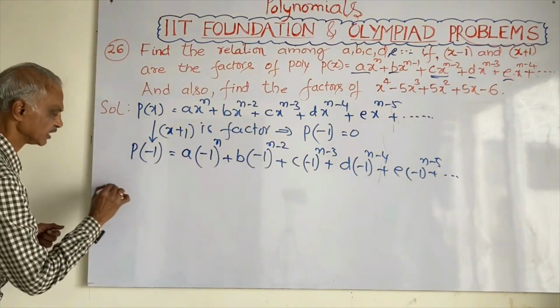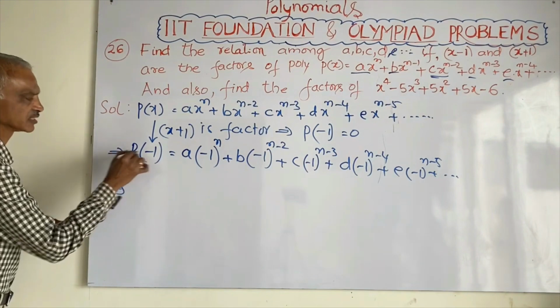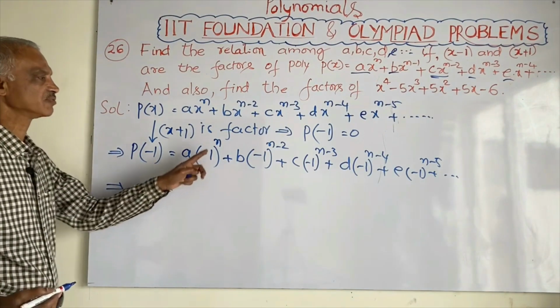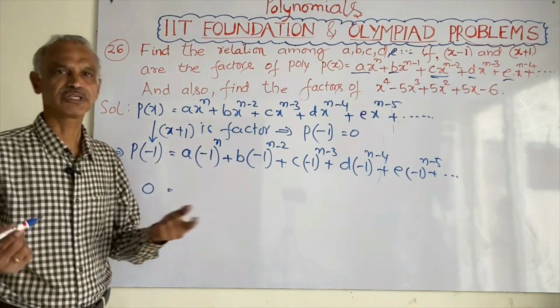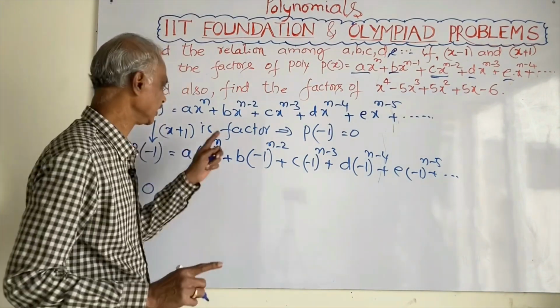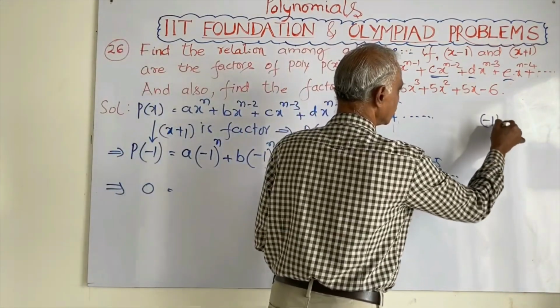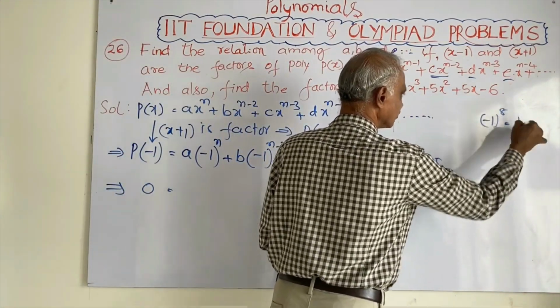See, p of minus 1 is equal to 0, substitute. Minus 1 to the power of n. If you take an even number or odd number, you take n is equal to 8. Minus 1 whole to the power of 8, you will get 1.